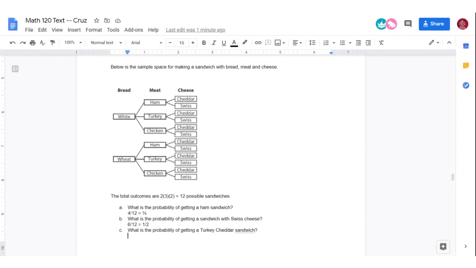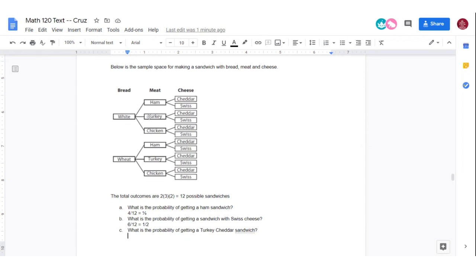All right, so what's the probability of getting a turkey cheddar sandwich? Anybody figured that out yet? Turkey cheddar. 2 out of 12, so 1/6. All right, so let's just make sure.